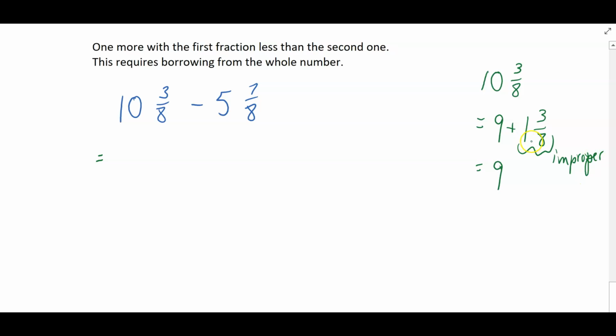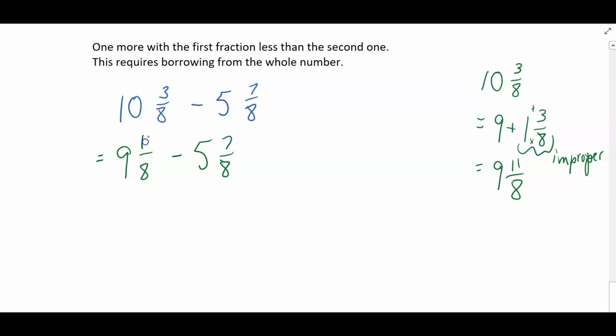So that is 8 times 1 plus 3. We got 9 and 11/8. Now, if I do 9 and 11/8, subtract 5 and 7/8, I've solved the problem of the first fraction being less than the second. We've added a whole to our 3/8. 3/8 plus 8/8 is 11/8.